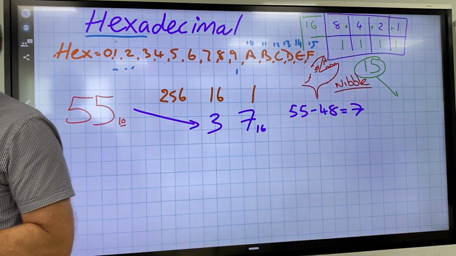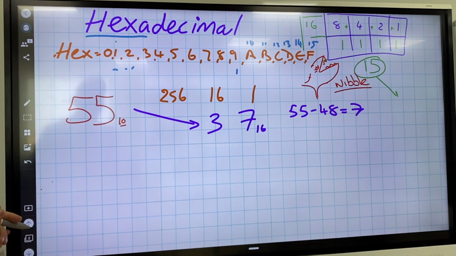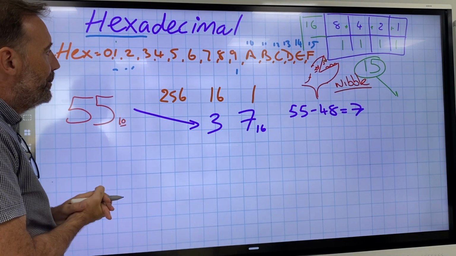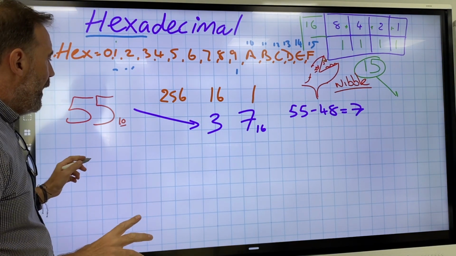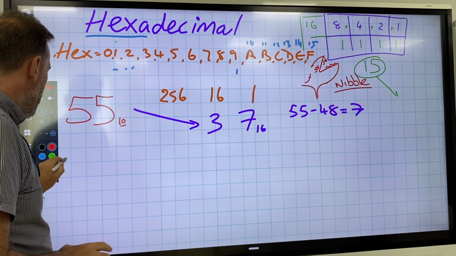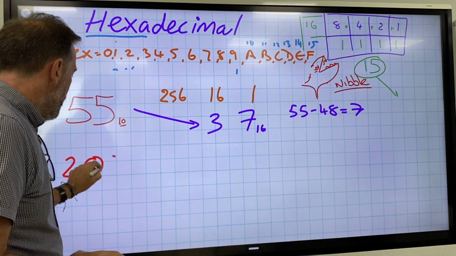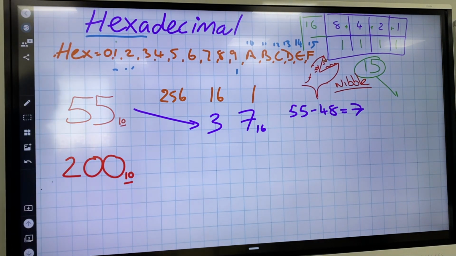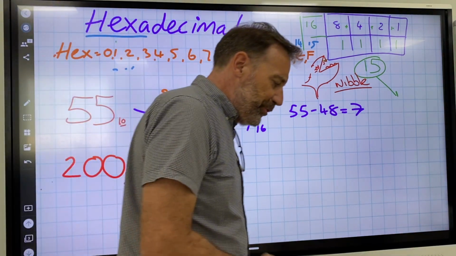We'll do a slightly bigger number. We'll see how far we get. Okay, so I'm going to go now. I'm going to do another number, and this time I'm going to do 200 in base 10. How many 16s in 200?